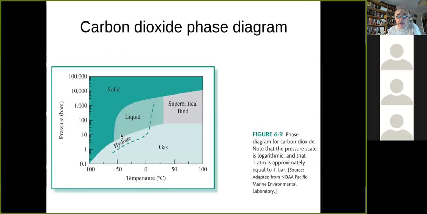Because carbon dioxide, here's a phase diagram, a function of temperature and pressure. So temperature will stay around something like 0 degrees and slightly above. It's a gas up to 10 atmospheres or something like that, but then it becomes a liquid. 100 atmospheres, this is 1,000 meters down in the sea.